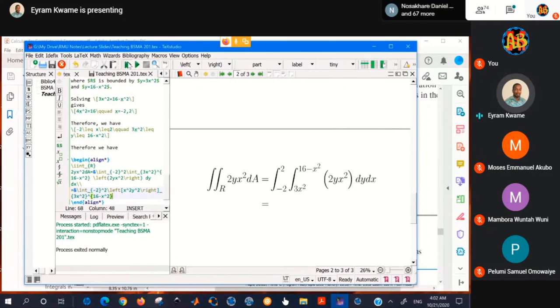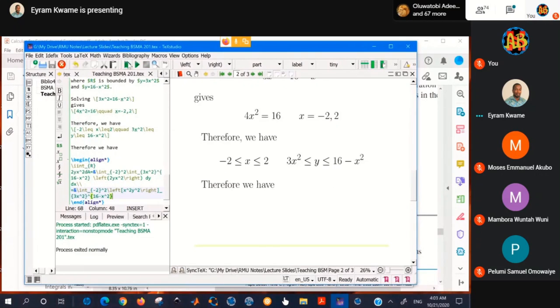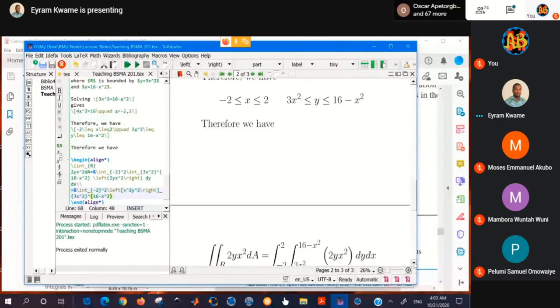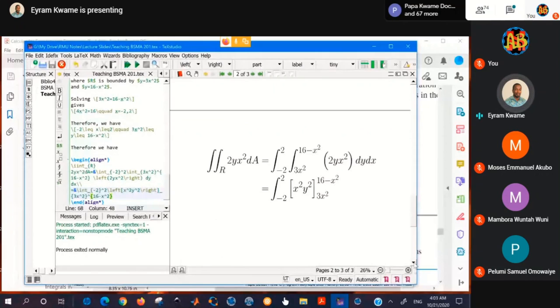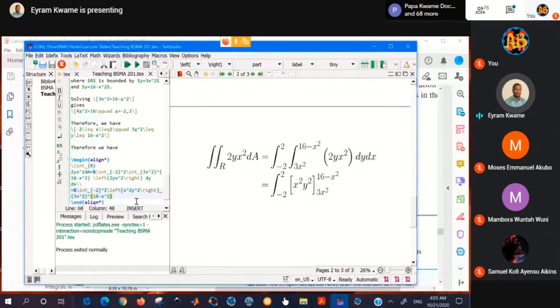Let me see how this looks. Perfect. So my dx symbol is missing. When I'm done, I have to integrate with respect to dx, so let me just keep it dx.